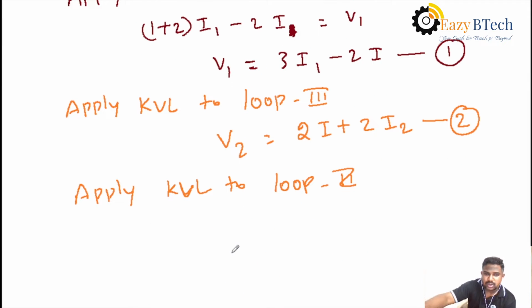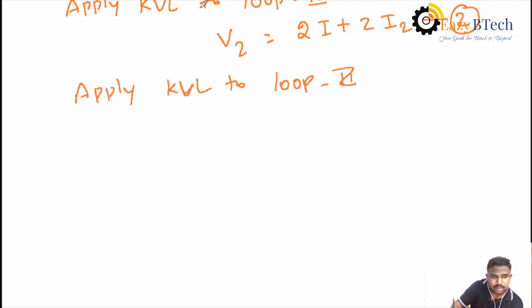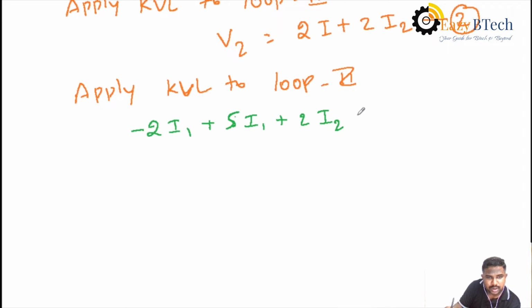That is, minus 2 I1, because I1 and I both are passing in reverse direction. That's why the equation is 5I minus 2 I1 plus 2 I2 equal to 0. Why? Because I2 and I both are passing in the same direction. This equation is taken as equation 3.